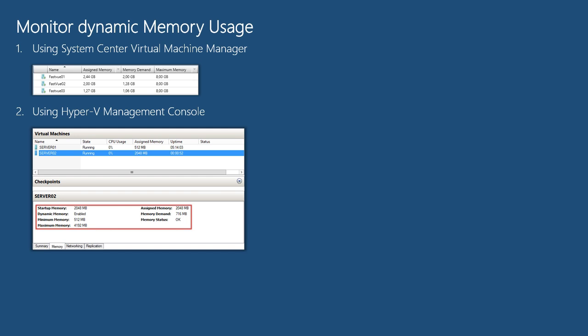It is still not a great tool to determine the memory baseline for your virtual machines, but it can show you how much your startup memory is, whether dynamic memory is enabled or not, the minimum and the maximum memory configured for the virtual machine, the assigned memory allocated to the virtual machine by the host, the current memory demand by the virtual machine, and whether the memory status is okay or not.